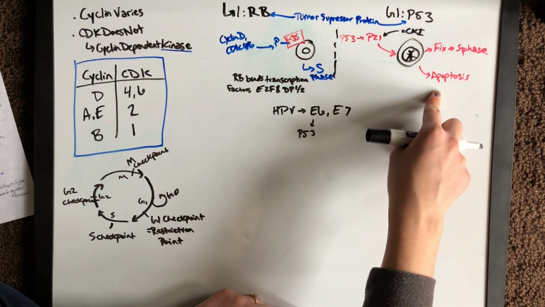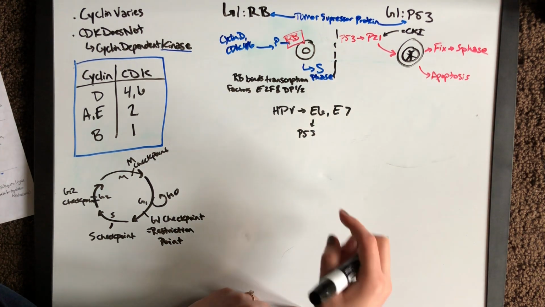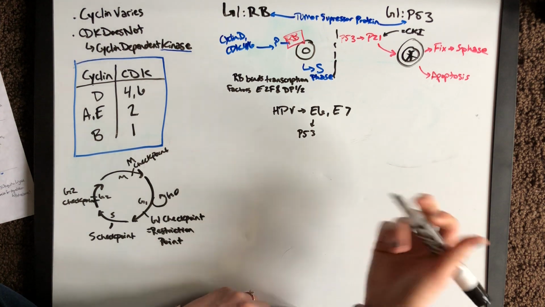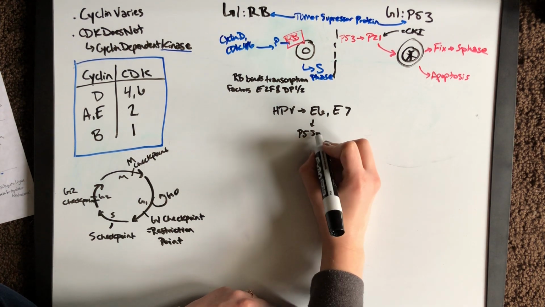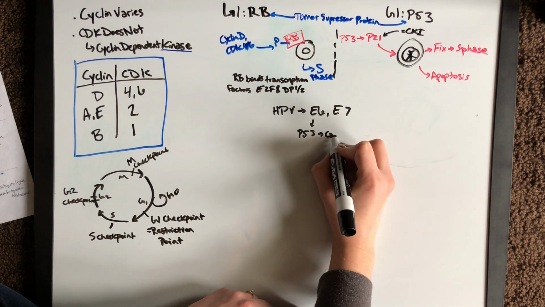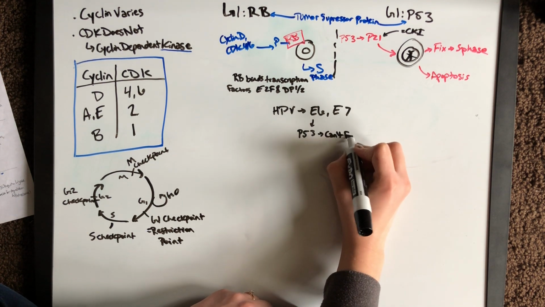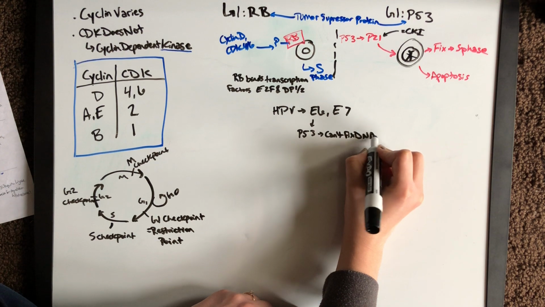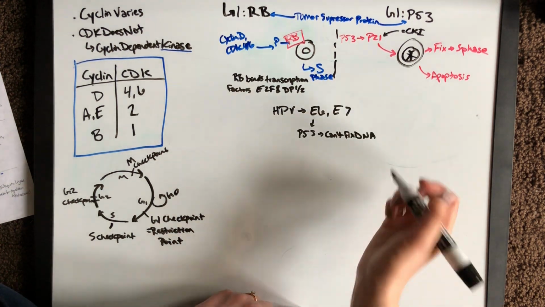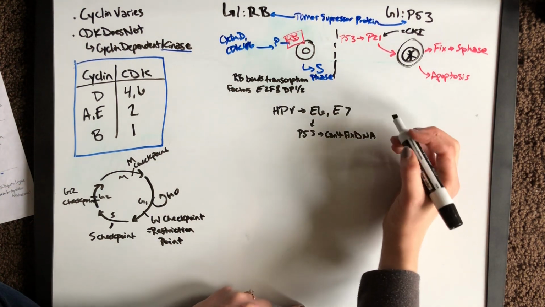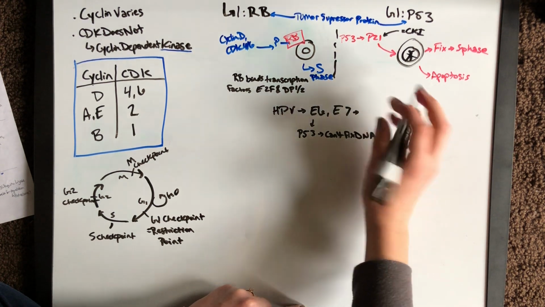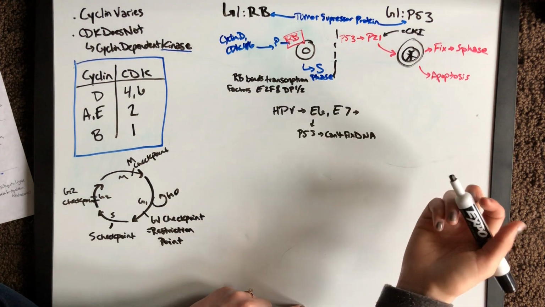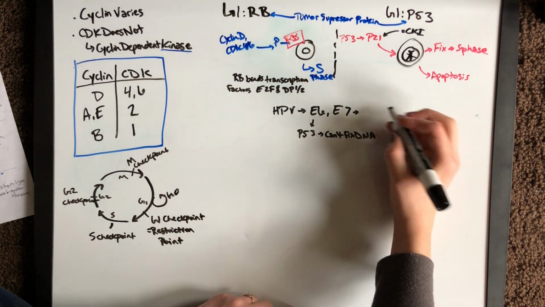So it's going to go and still have damaged DNA and go into the rest of the cell cycle. So we can't stop and fix DNA damage if the E6 binds P53. And then the E7 protein would go and affect RB so that we can't pause the cell in G1 and check before we go into S phase.